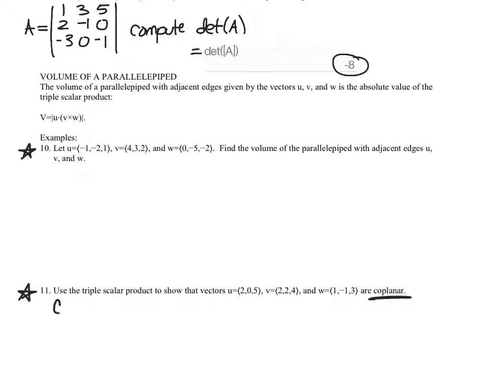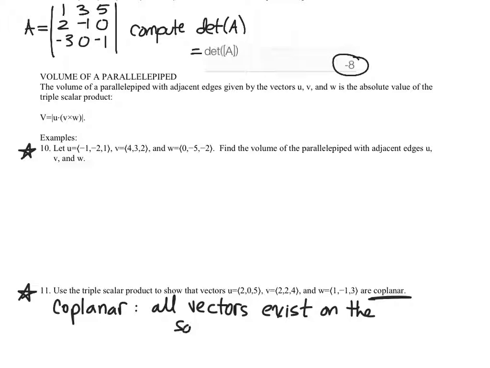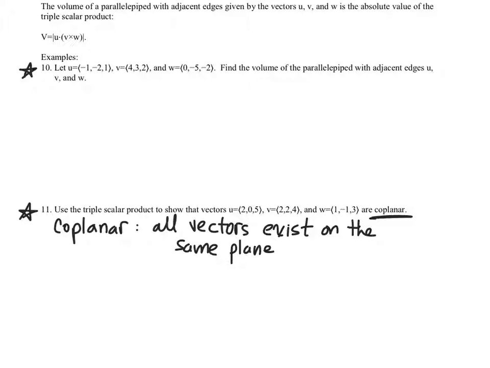Coplanar is telling us all points, all vectors in this case, exist on the same plane. All right.